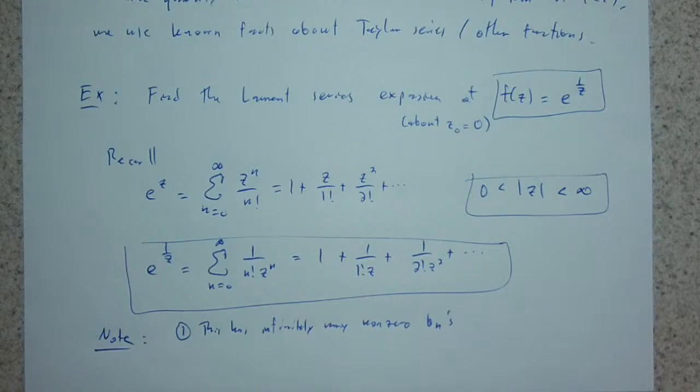Back in like the third office hours we did, I was asked by a student for an example of a function that satisfied Cauchy-Riemann on some domain, and that was the only condition it had, maybe one more thing, but it wasn't analytic.